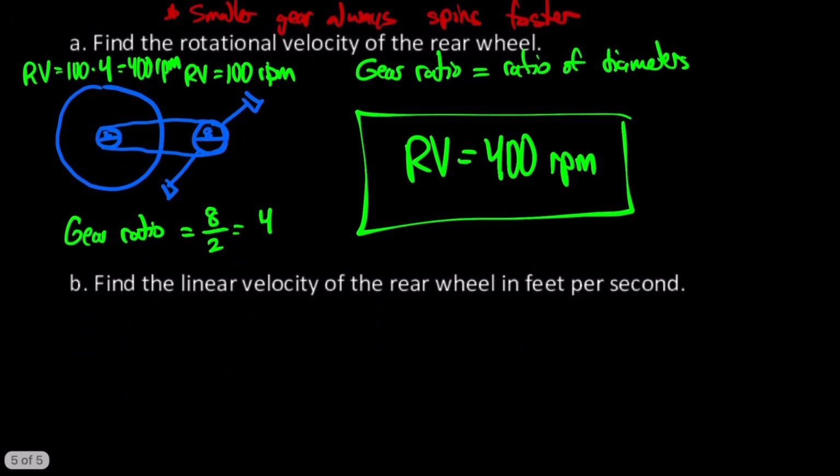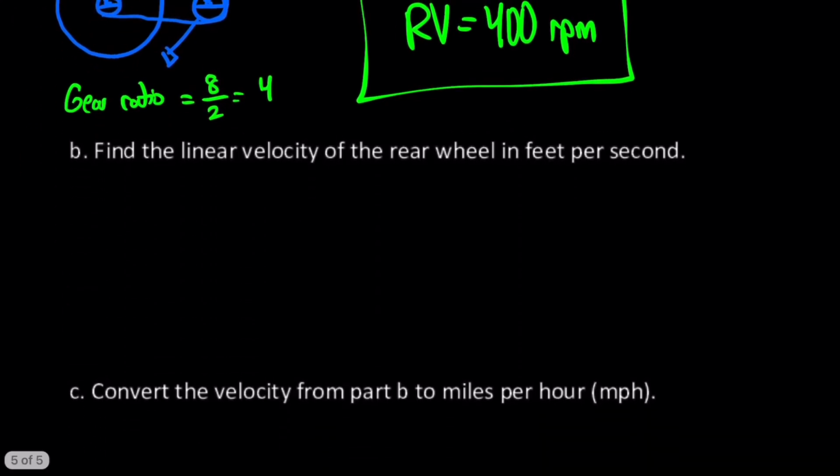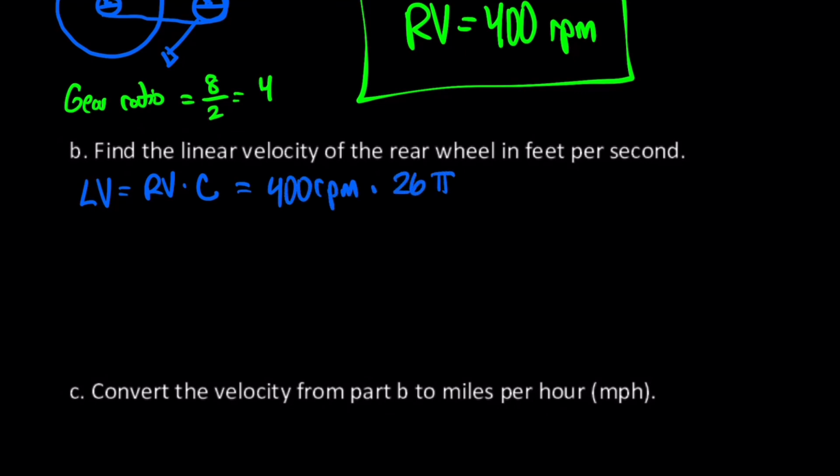All right, so now let's find the linear velocity. It says feet per second, but I'm not going to worry about that right now. First, I'll do linear velocity equals rotational velocity times circumference. We just established the rotational velocity is 400 RPM. The circumference is going to be 28 pi, and that's in inches.